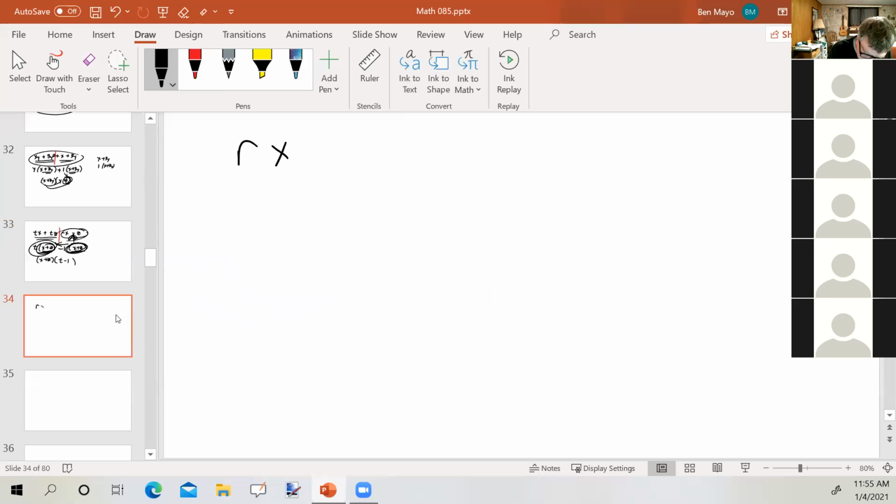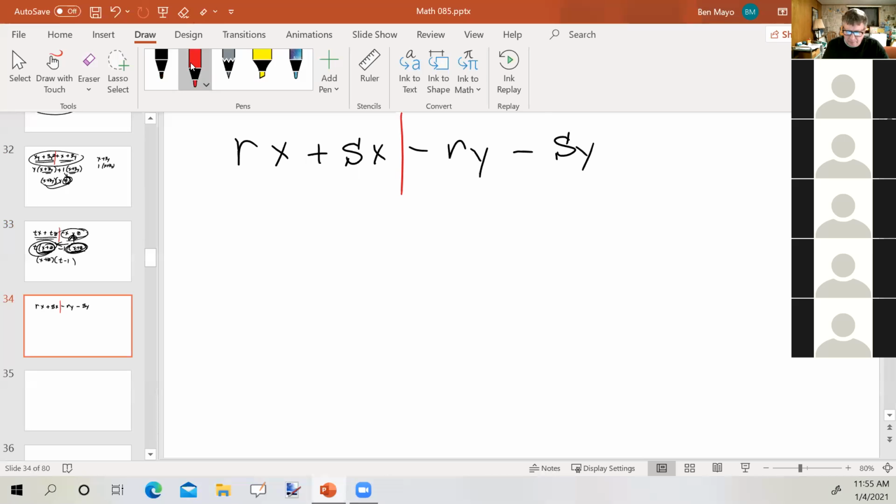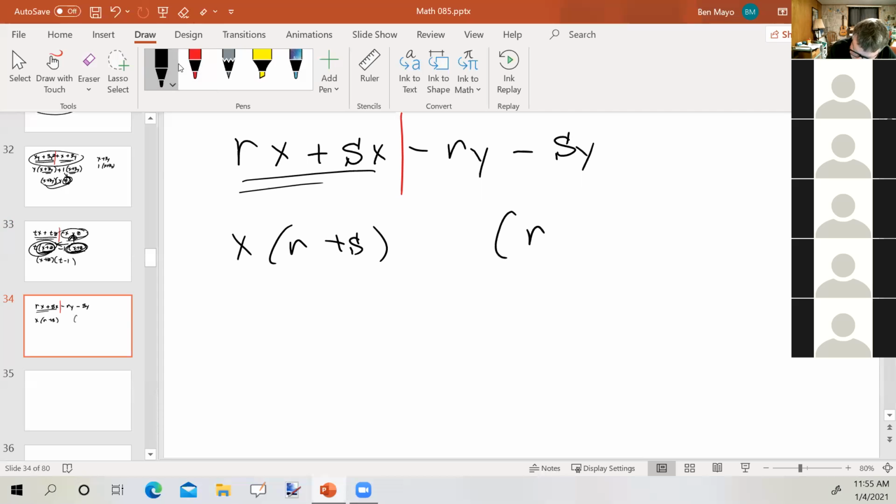So rx plus sx minus ry minus sy. The greatest common factor of the first two terms is x, and I have an r plus s left over. So I already know for this to work, I have to have an r plus s left over. So what am I going to take out of there?